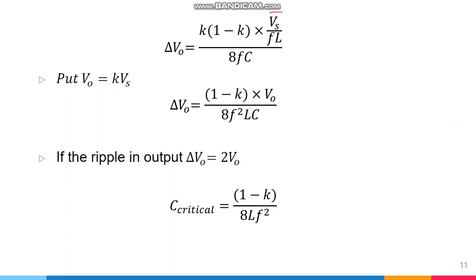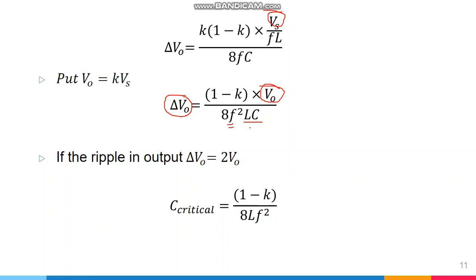In terms of Vs we will get this expression, and in terms of V naught we will get this expression. Delta V naught is equal to 1 minus K into V naught over 8F square LC. So the ripple in output is inversely proportional to the square of the switching frequency and to the sizes of this inductor and capacitance.